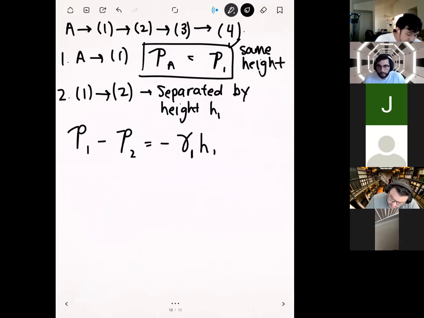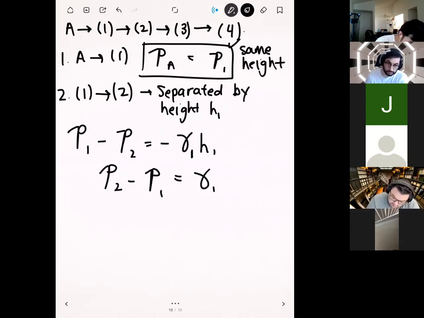Right, so let's rearrange this a little bit. We multiply both sides by -1 and get P2 minus P1 is equal to gamma 1 H1. But since we know that P1 is equal to PA from our first part, we can just replace P1 with PA right here.